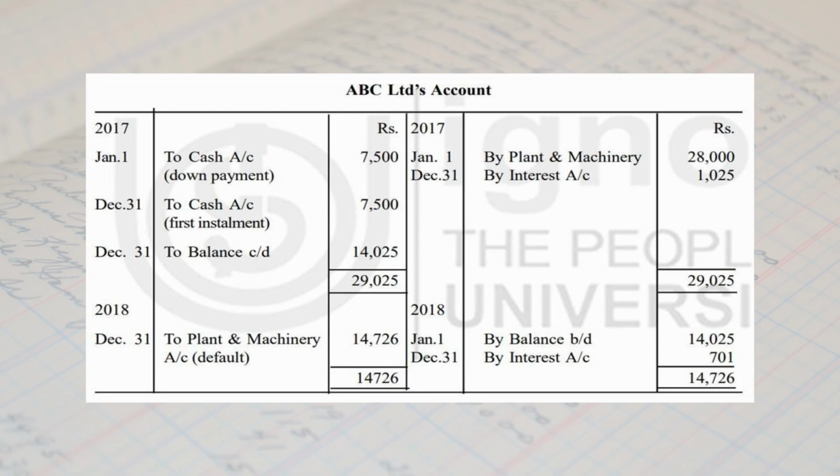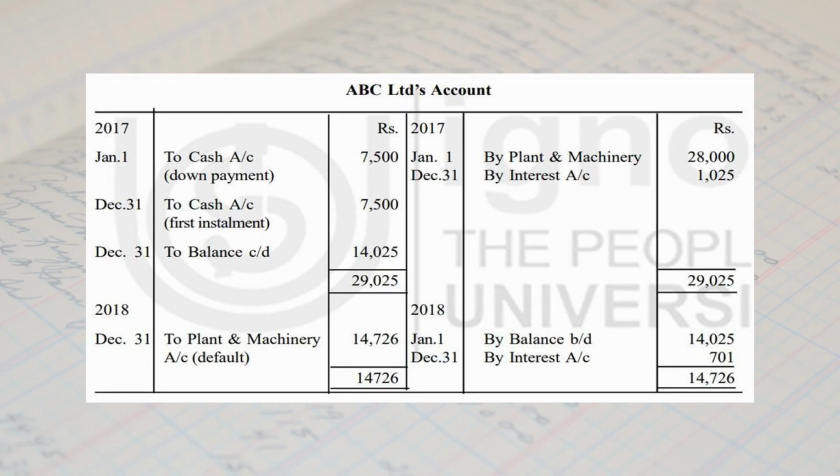Now, interest on this amount 14,025 at the rate of 5% comes to 701. So, here by interest 701, total is 14,726, and here the entry in the books of hire purchaser would be ABC Limited account debit to plant and machine 14,726.